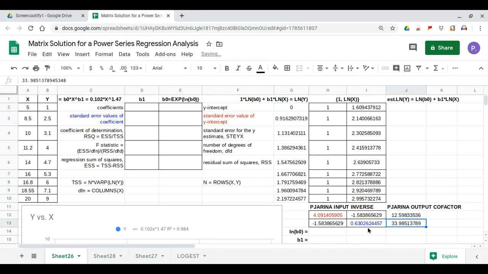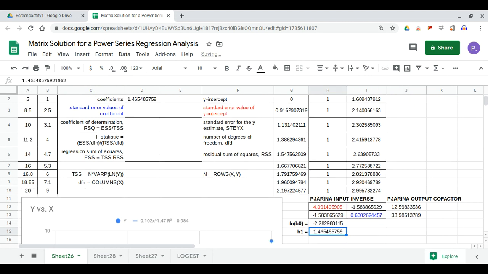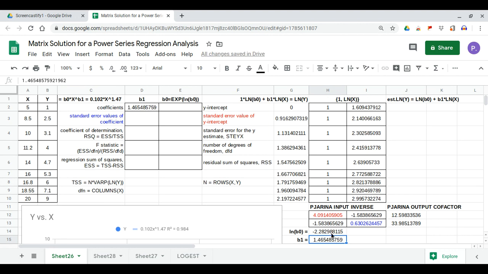Now that we have these matrices, we can calculate the coefficient, which is MMULT of this matrix and this matrix. So here we have B1, which is 1.465. B1 is 1.465, but here B1 is 1.47, which is rounded off.